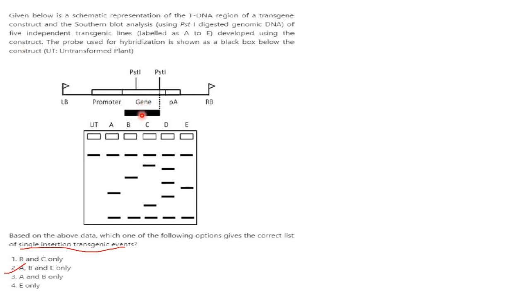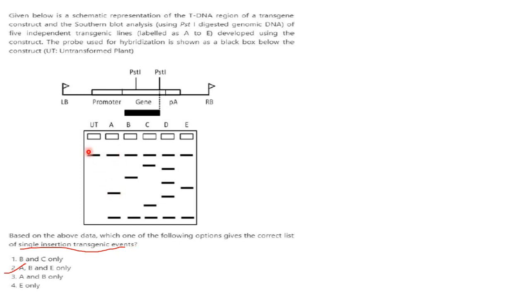So this is the probe region, and this is the southern blot diagram. The probe used for hybridization is shown as black box below the construct. Based on the above data, which one of the following options gives the correct list of single insertion transgenic events?